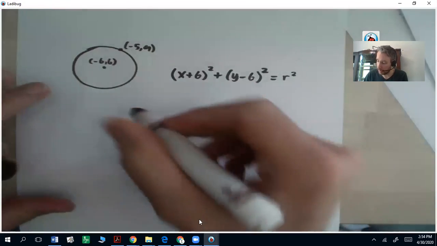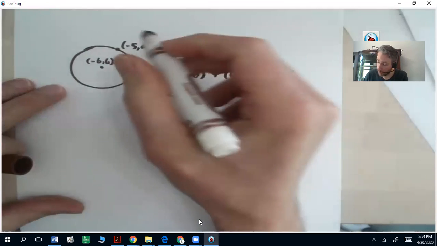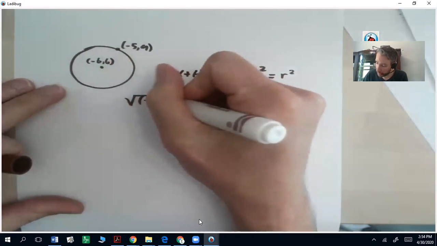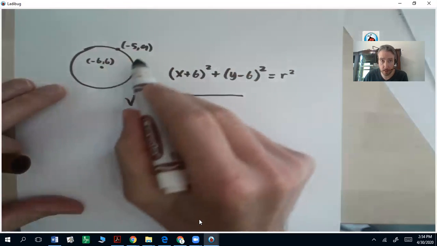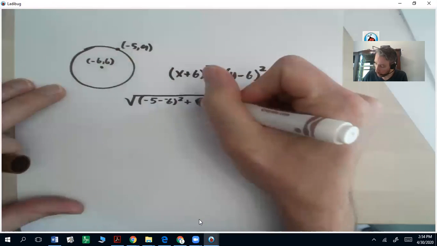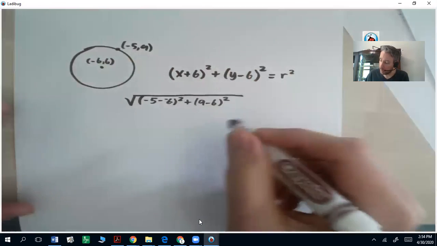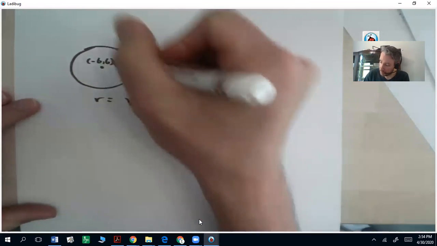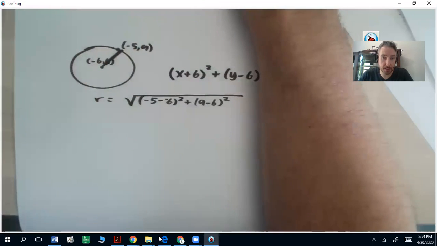The distance formula is the square root of (x2 minus x1) squared, so (-5 minus -6) squared, plus (y2 minus y1) squared, (9 minus 6) squared. And that'll give me my radius, because that is the distance between those 2 points. So we can do that in Desmos.